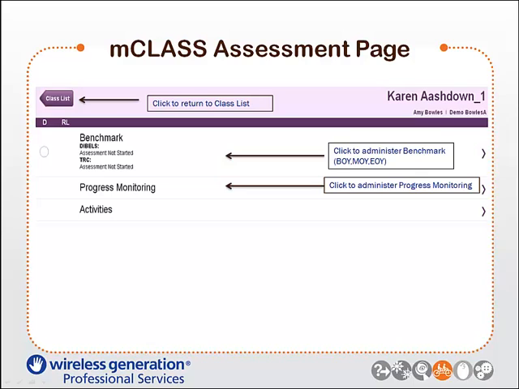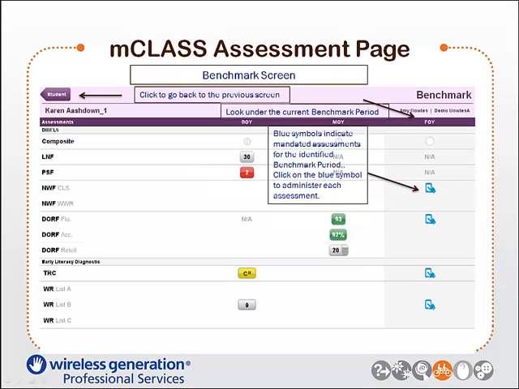So for today's purposes, we're going to select benchmark, and if I double click on benchmark it's going to take me to a screen like this. At this screen it will identify which assessments that I need to give or have already given. The benchmark screen, as you can tell in the top left corner, has the student's name, and then it has three segments: BOY, MOY, and EOY.